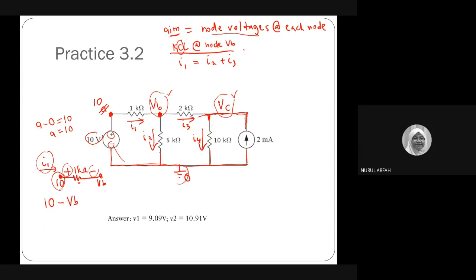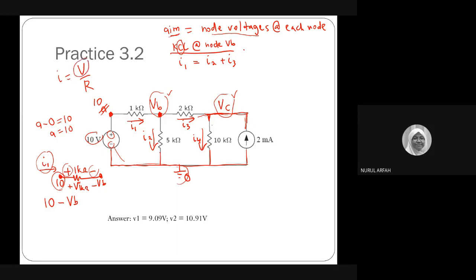And then this is a voltage. What voltage is this? The voltage drop across this 1 kilo ohm. And you know that from Ohm's law, I is equal to voltage divided by resistor, right?